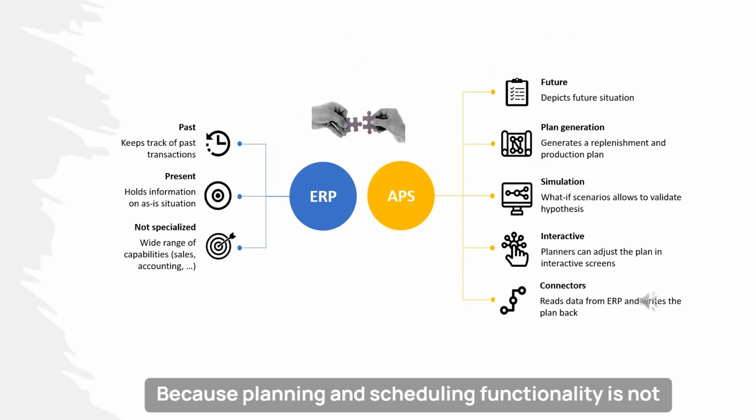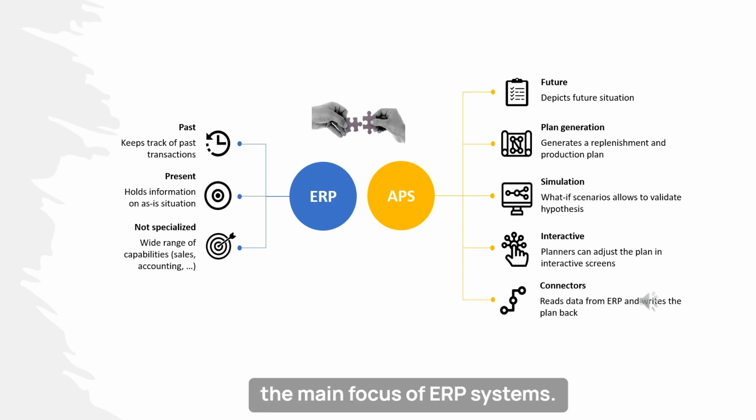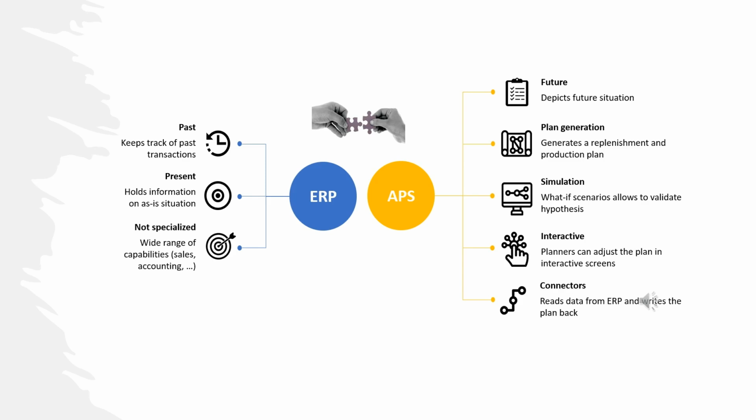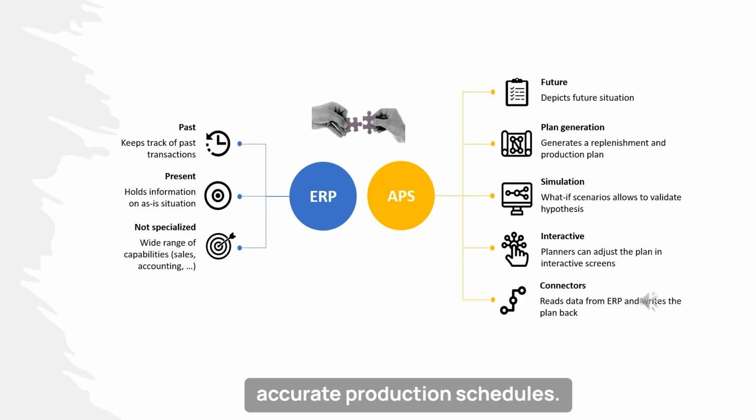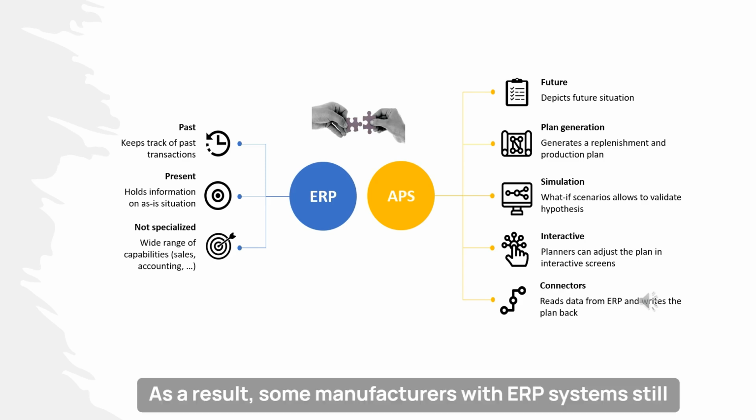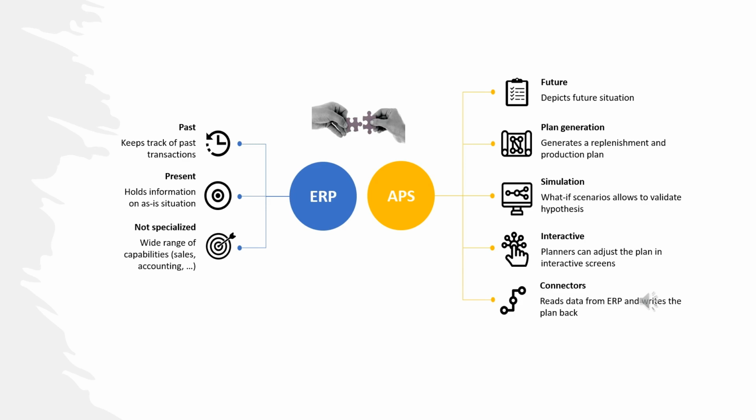Because planning and scheduling functionality is not the main focus of ERP systems, ERP systems often lack the ability to create accurate production schedules. As a result, some manufacturers with ERP systems still rely on spreadsheets for their production scheduling.